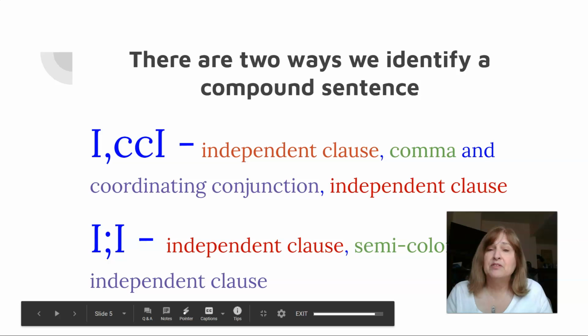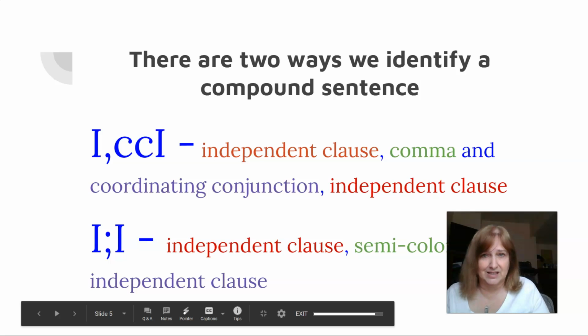However, compound sentences don't necessarily need that coordinating conjunction. A coordinating conjunction with that comma can be replaced with a semicolon. It's still a compound sentence. Another thing I want you to understand is that in a lot of writing, sometimes they leave out that comma before the coordinating conjunction. As long as the second clause has a subject and a predicate, it's still a compound sentence even though they've left out that comma.